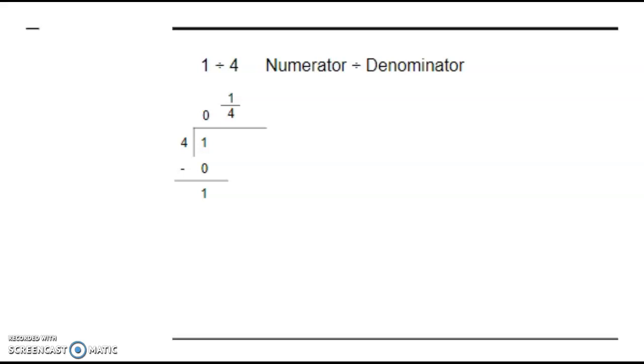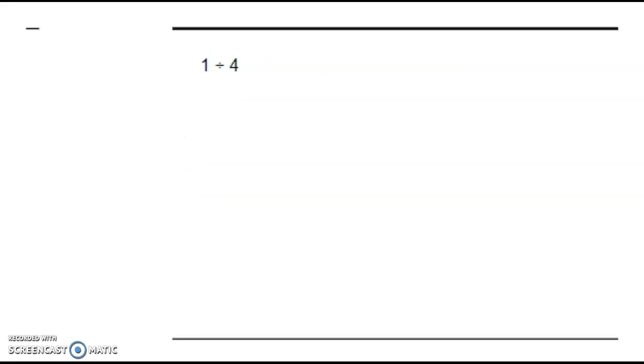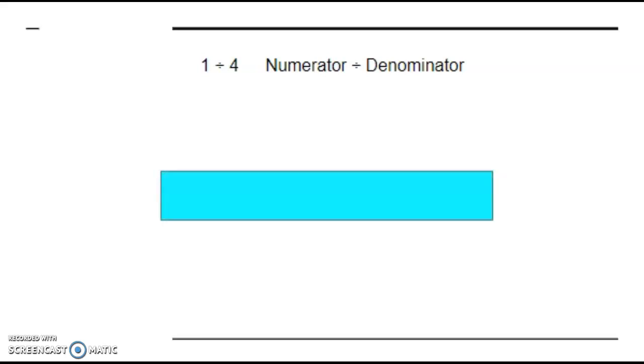Now I know that some of you guys are a little bit more visual, and I am too, so we're going to go over the same exact one using a different model. So again, we have 1 entire whole divided by 4. We have our numerator divided by our denominator. This one's a little bit easier to understand, or I feel like it's easier to understand. So again, we have 1 whole entire piece of something.